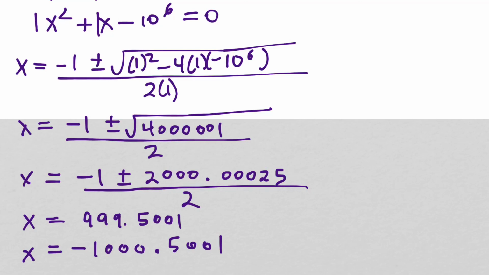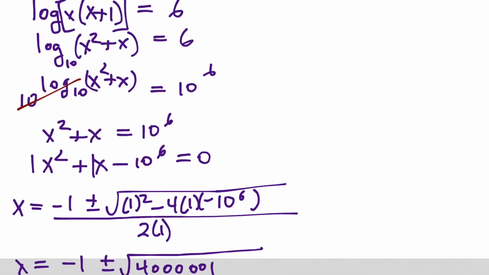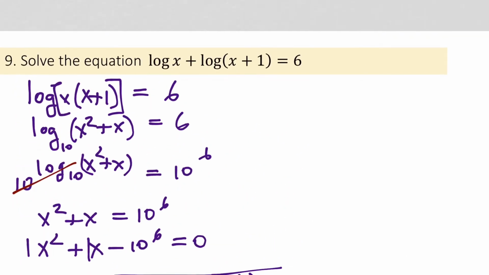Okay, so let's check and see whether either of those two numbers are in the domain. All right, so back up to the top, what's our domain? So we've got two situations to check. X has got to be, for the first one, greater than 0, and for the second one, x plus 1 is greater than 0.